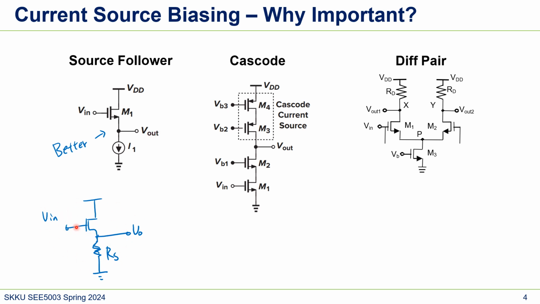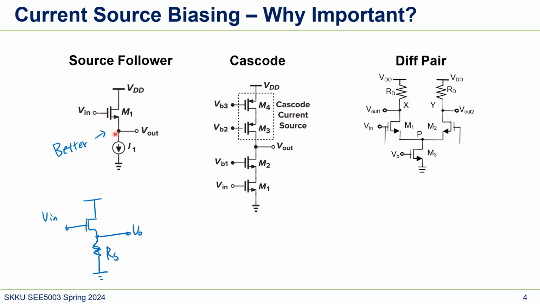because if you change V in, this voltage changes a lot because of this RS. So the gain changes depending on V in. But if you change it to this current source, it's better. It has a very stable DC current, and it offers a high output resistance.